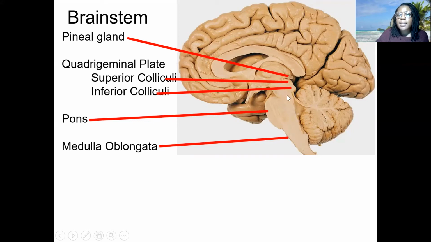Next, we've got the pons. So the pons is this outward or bulge-like projection of the brainstem. It's going to be an important landmark as we talk about some of the cranial nerves and so on that are traveling in this region. It's also a part of the brainstem that is associated with our integrating centers.